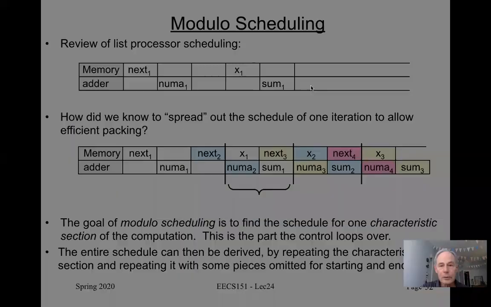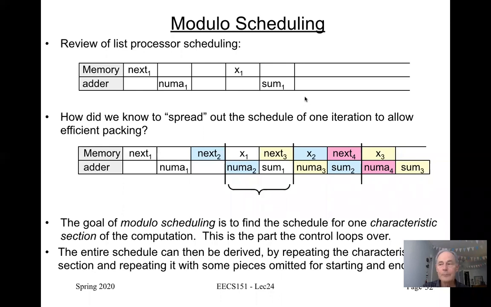Okay, here it is. I'm going to talk about something called modulo scheduling, and this relates to what we were doing with the resource utilization charts before. First, I'm going to review what we did with the list processor.